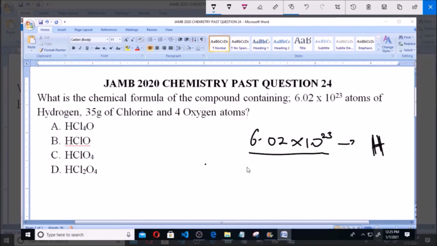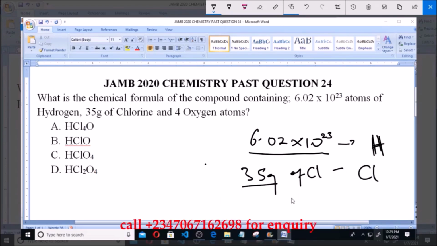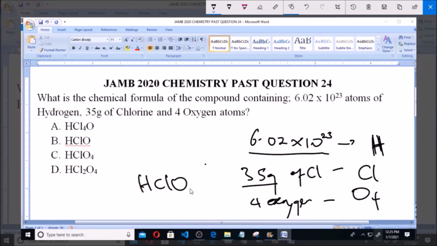Now 35 grams of chlorine simply represents a mole of chlorine atoms, because this 35 grams is the relative atomic mass of chlorine. Then plus 4 oxygen atoms, that's O4. Adding this together, we have HClO4. So this is the compound, and that is option C.